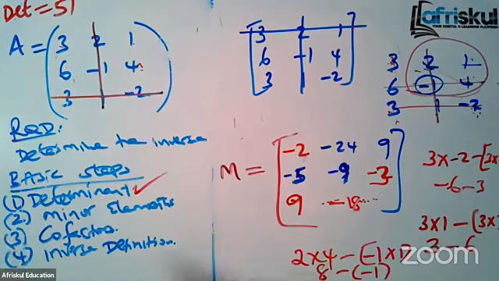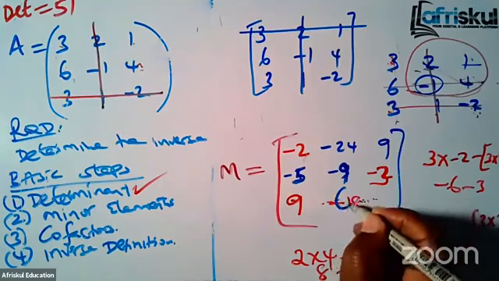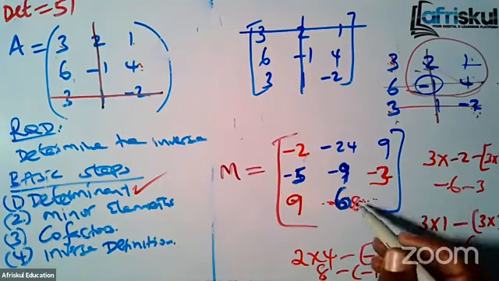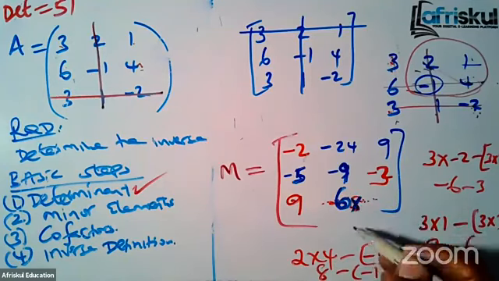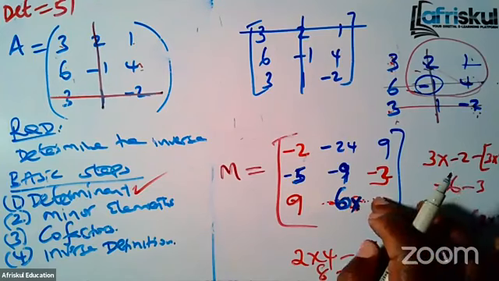So then 12 minus 6 will give us 6. I don't know how they are able to get this minus 18. There must be a mix-up of signs there. So this is supposed to be positive 6.